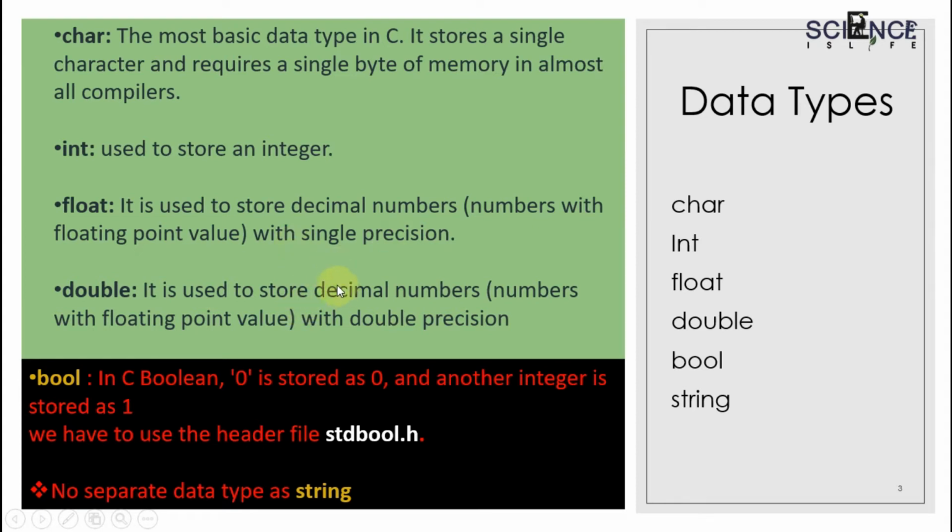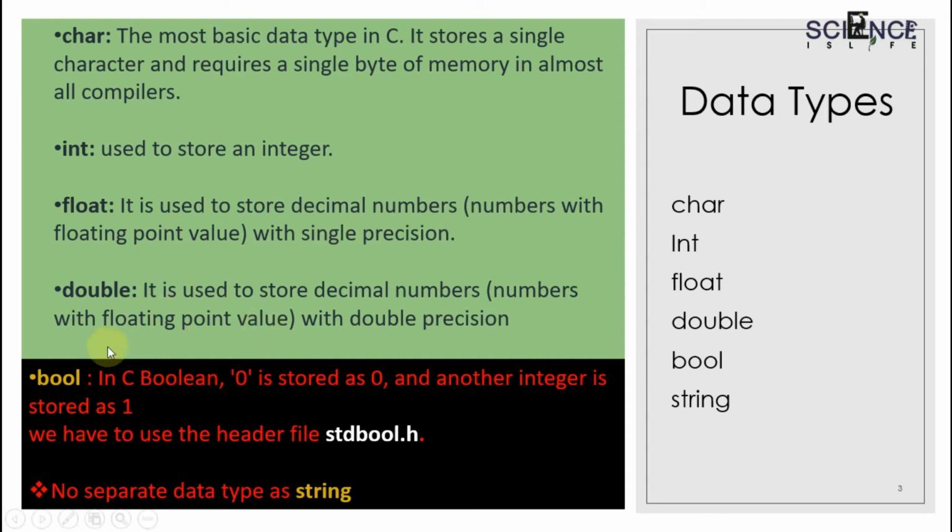Then you may wonder how we can store a boolean value. Some of you may know that we have a separate data type in Java, that is boolean, but don't we have a separate data type for boolean in C? Yes, we have.